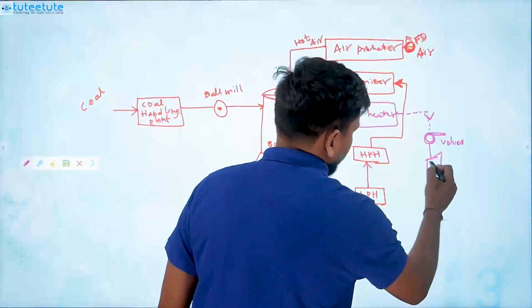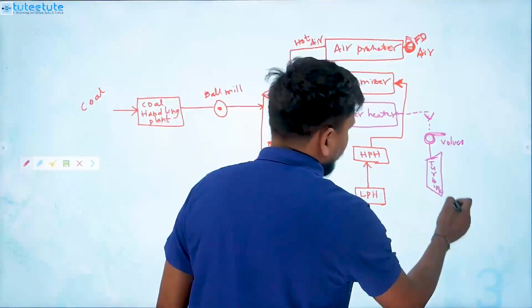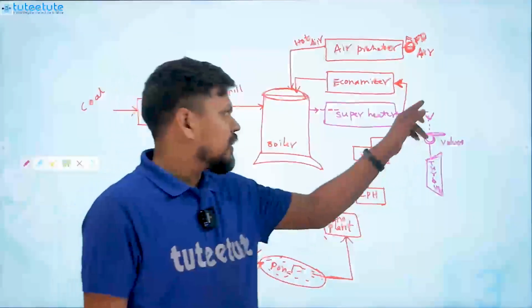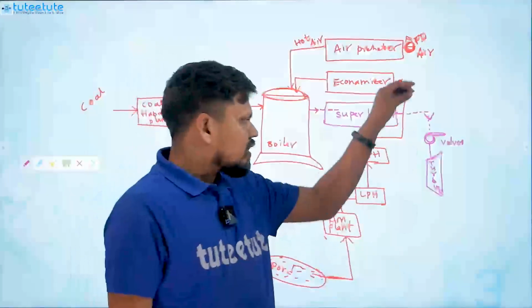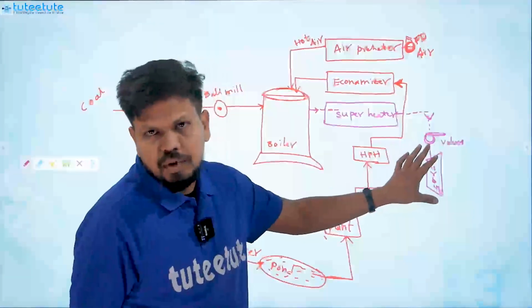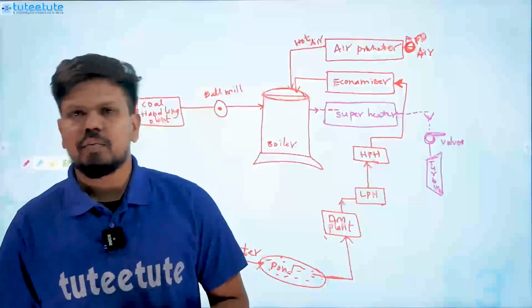So once we have placed the turbine, you can observe here which type of turbine we have to place. This is not a water turbine, right? So what are we giving as input here? Steam is the input here. So this is a steam turbine. Steam is the operating input here.